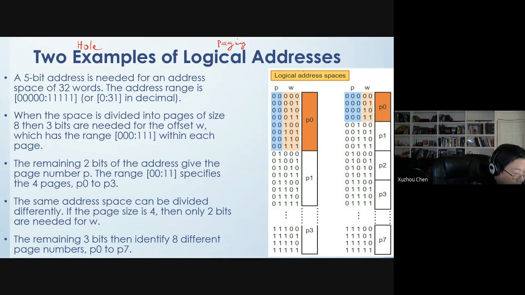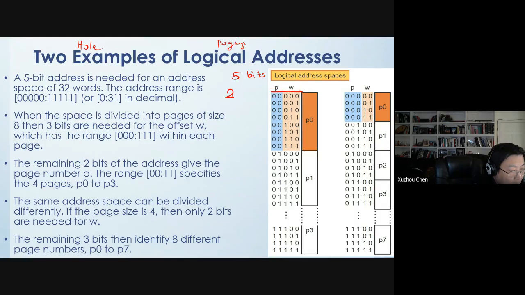Suppose I have a logical address using 5 bits. With 5 bits, how many logical memory addresses can I represent? We have a very easy formula for this, right?